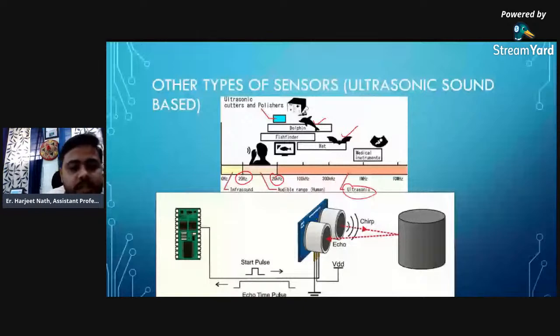Nowadays there are various medical instruments available which use ultrasonic power to operate various things. Now, as I've said, this also works with the same principle. The sound wave is emitted from this particular transmitter, and whenever you have any obstacle, this can be your hand also, some of these waves reflect back as an echo.